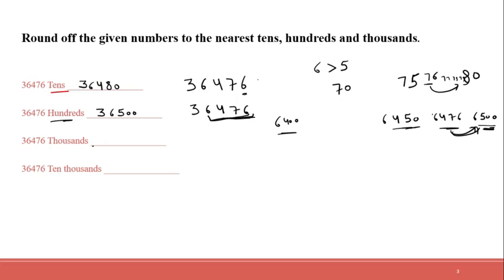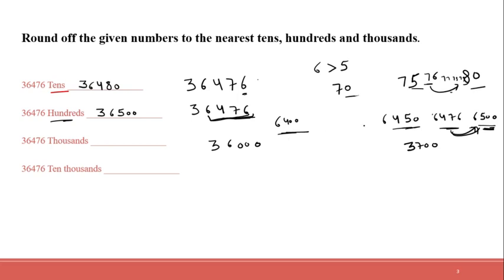Now I want you guys to round this same number to the nearest 1000. So how will we proceed? If it is written here 36,000, right? And here 37,000. Notice one thing here, I have written 70, 80, and then 75.